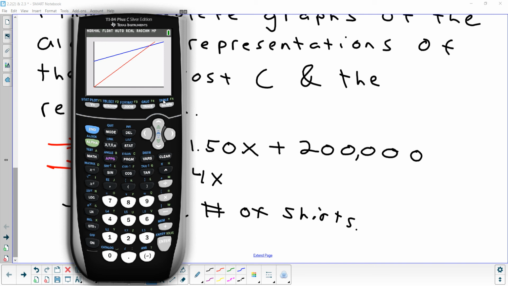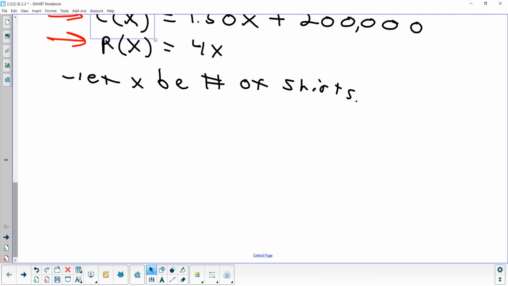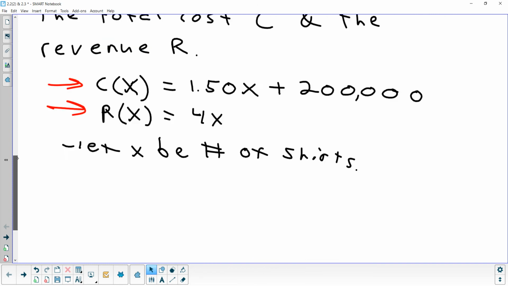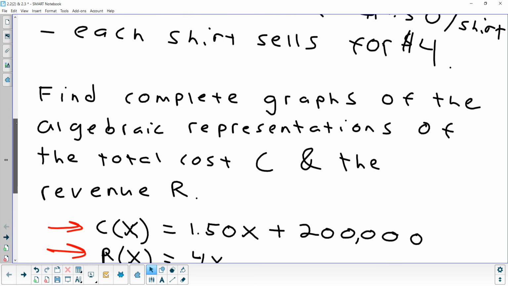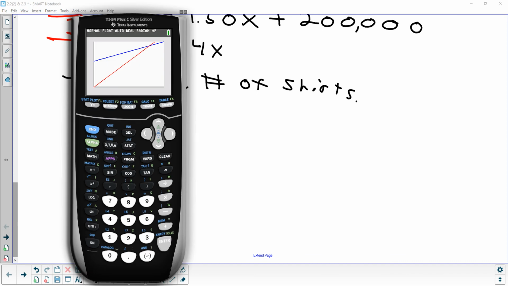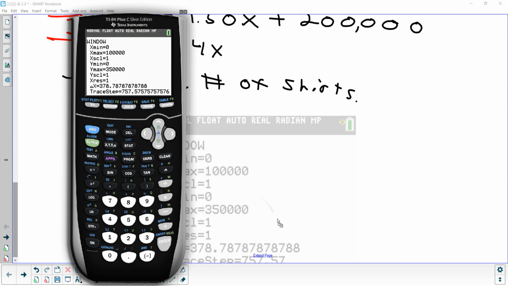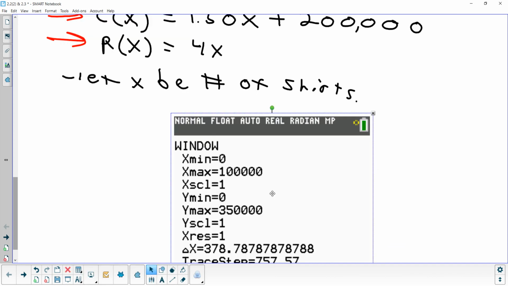Well, it's kind of close to the edge, but that's okay. So, as far as answering the question, we've got the two equations. Find complete graphs. Well, there is my complete graph. There's your x min, x max, y min, y max. Not the only answer, but I think that one works.